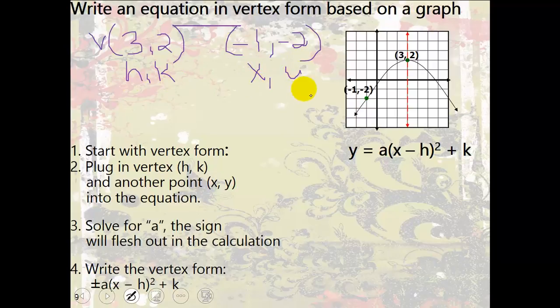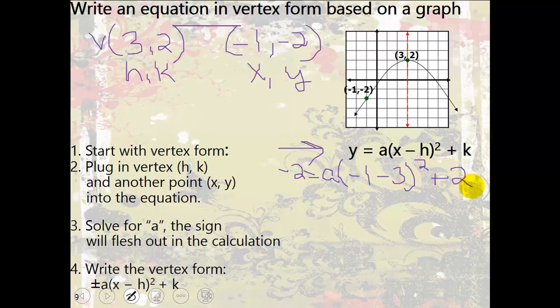Now I'm going to plug this into my equation. So I get y, negative 2, is equal to a, I don't know, times x, which is negative 1 minus positive 3, so that's just minus 3, squared, plus 2.